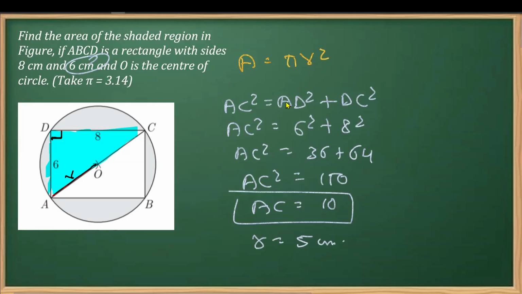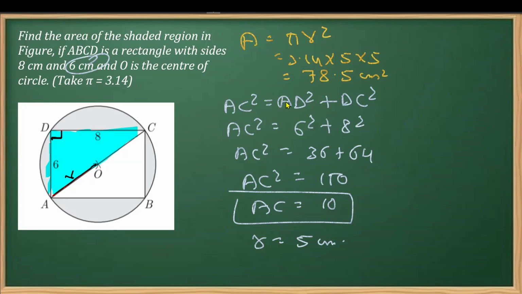So the area of the circle is pi r square. If I plug in the value of pi, which is mentioned as 3.14, into r square, and r is 5, so that is 5 into 5. So 3.14 multiplied by 25 should give you how much? 78.5 centimeters square.